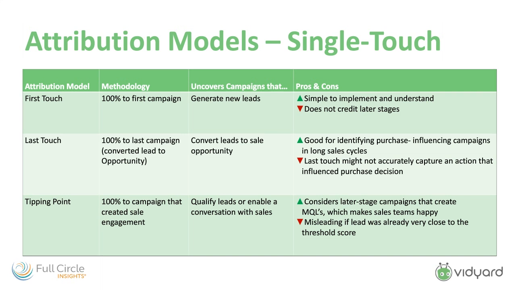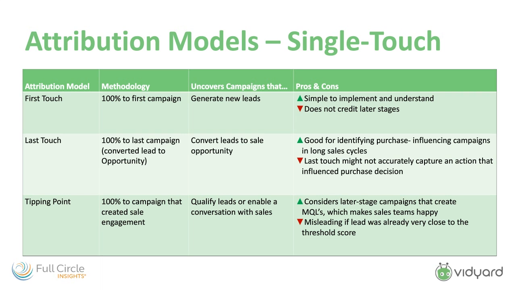For example, first touch, when they think about campaign attribution, what kind of campaigns influence revenue. They use first touch to understand what kind of campaigns generated new leads that impacted the revenue. So out of that $10 million of revenue, which campaigns created the leads that led to the $10 million.